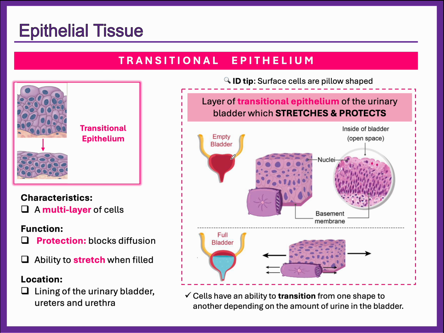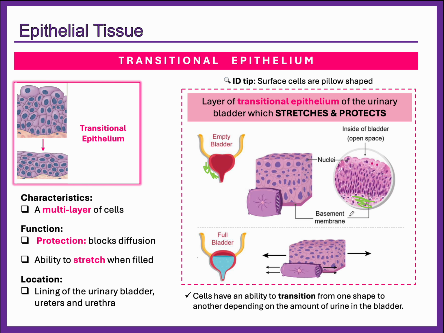So here's an empty bladder. The cells on top, we call them pillow-like. They're nice, big, and fluffy, right? Here you see some nice pillow-like cells on top. This is the inner part of the bladder, right? This is the connective tissue that would be over here.